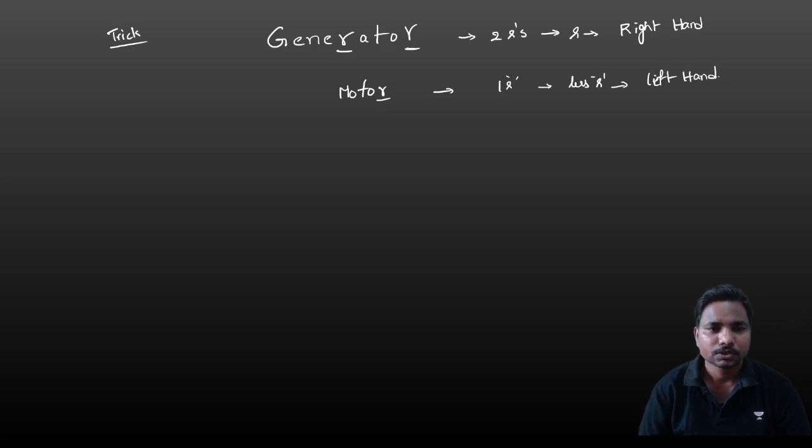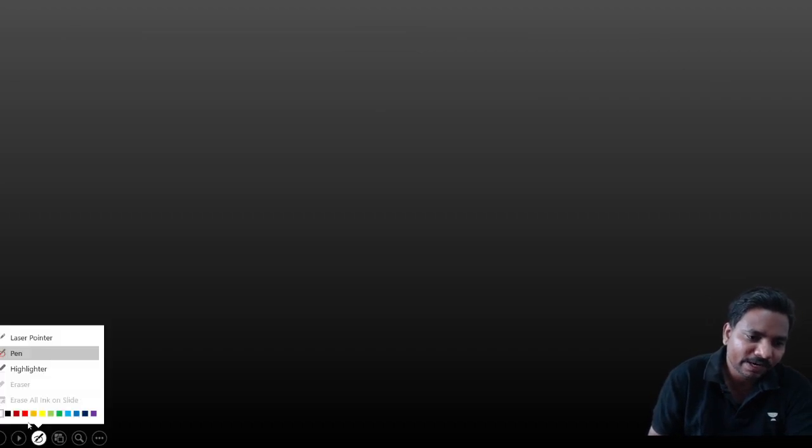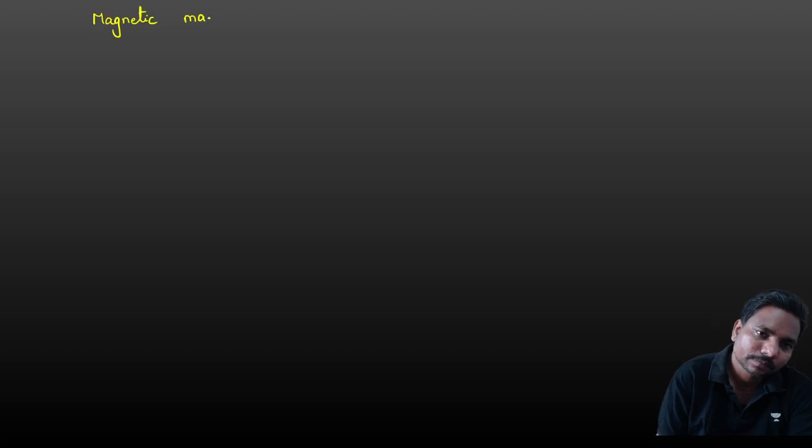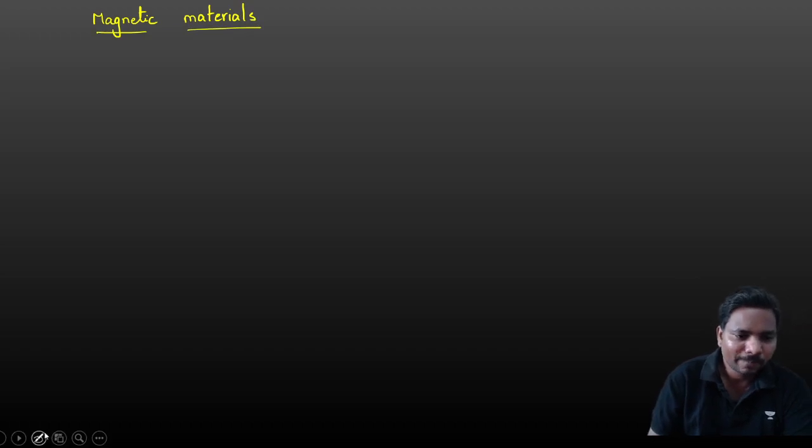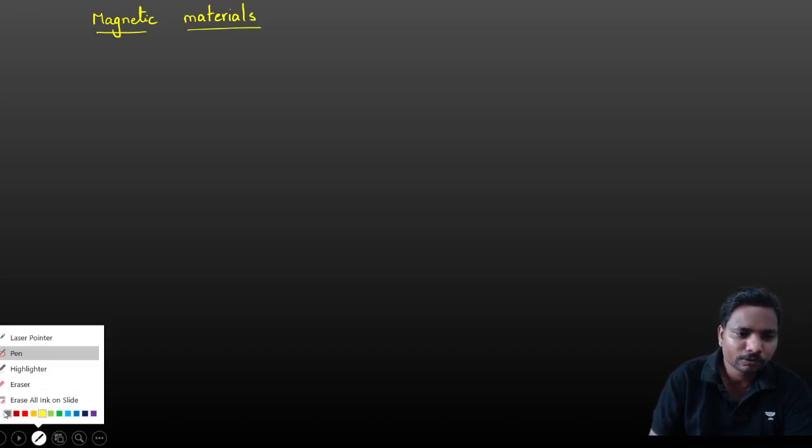After this we have to take magnetic materials. The magnetic materials are classified into three types.